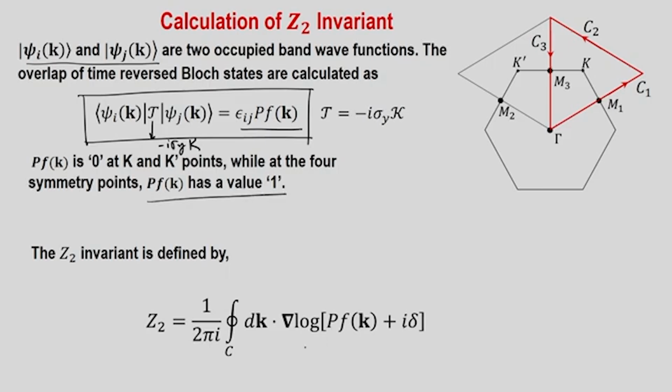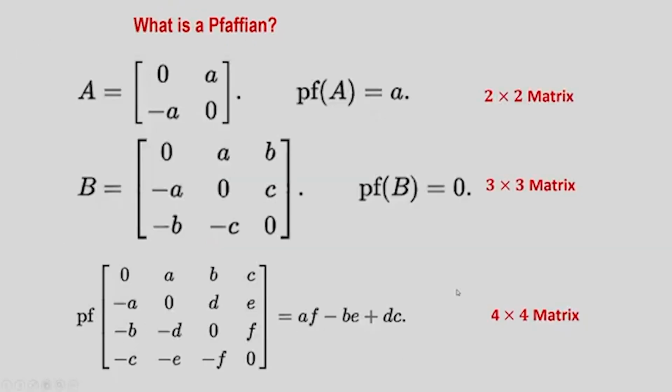So, the Z2 is defined as 1 by 2 pi i, a closed contour integral over this red curve C, that is C1 plus C2 plus C3, of dk dot the gradient of the log of this quantity. This is just taken for convergence by Kane-Mele, but one can actually put that equal to 0, it still works. So, it is the log of the Pfaffian that is important. Now, what is a Pfaffian?